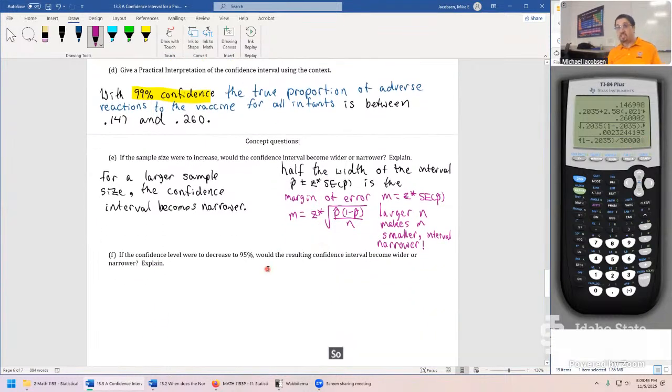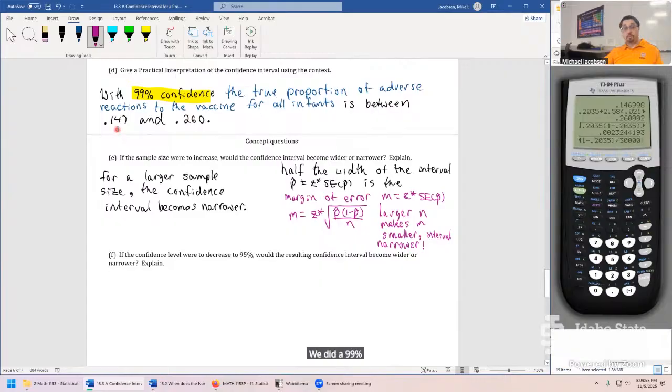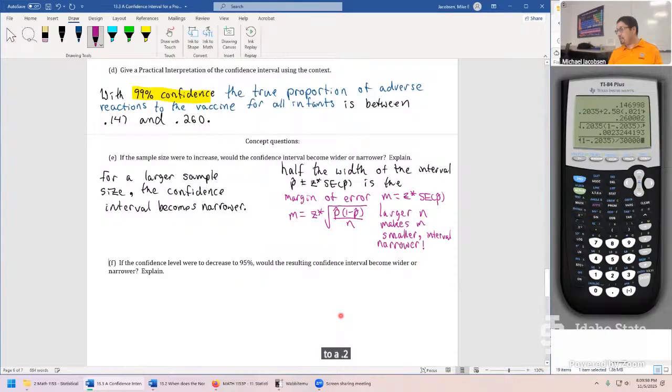So the next concept question is about the level of confidence. We did a 99% confidence interval, and it went from 0.147 to 0.260. And this is a good one to think about and pause for a moment. If we decided to be less confident, 95% confident, that's a bad thing, right?